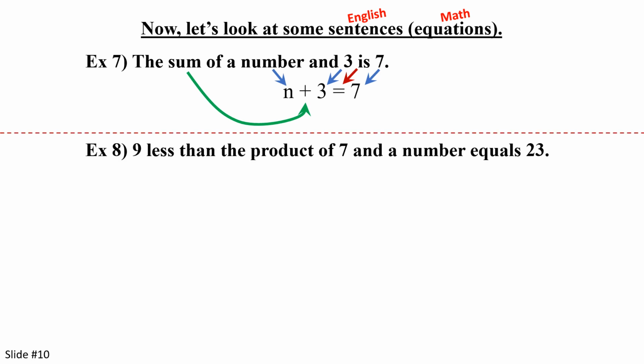Nine less than the product of 7 and a number equals 23. This has got several different parts to it. Here's what the translation looks like: 7 times n minus 9 equals 23.